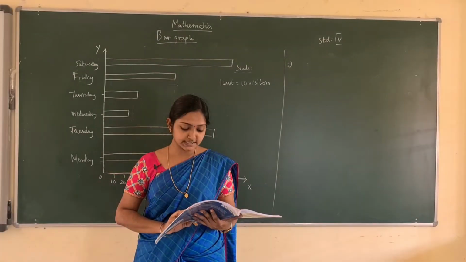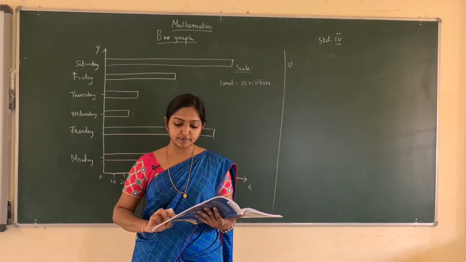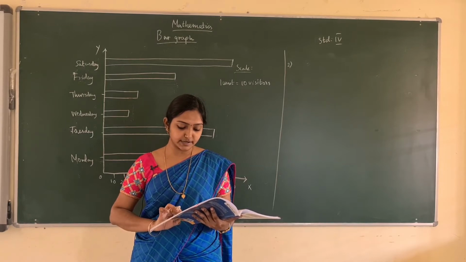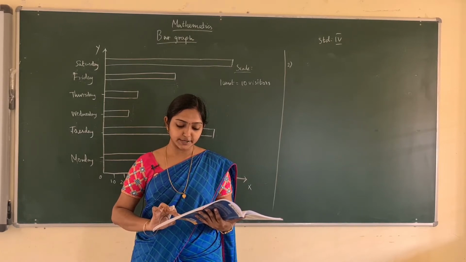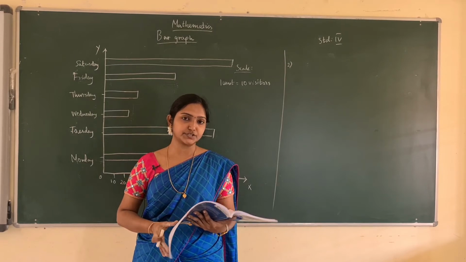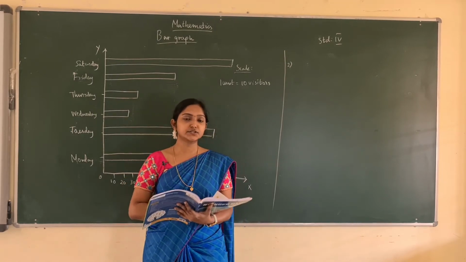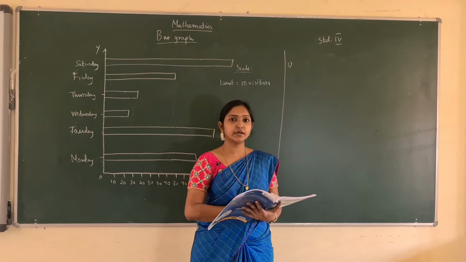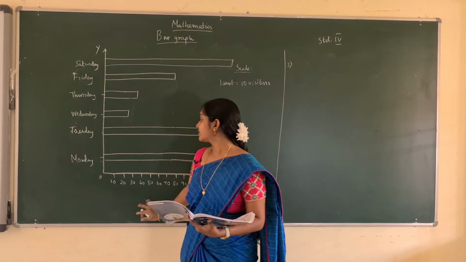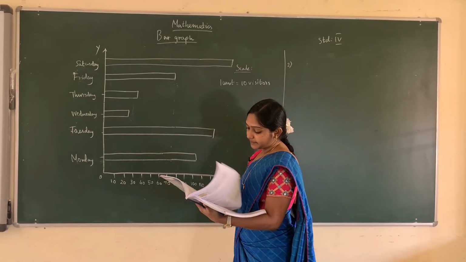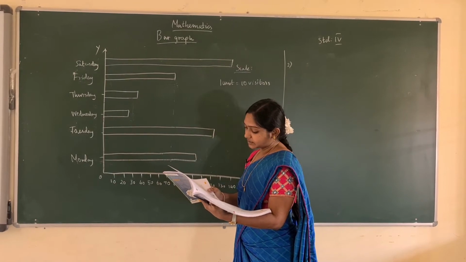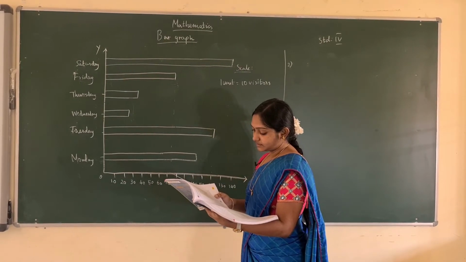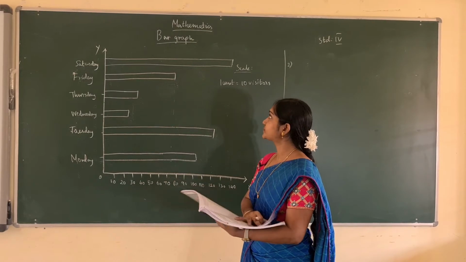The second question is, the bar graph shows the number of people who visited a museum on different days in the last week of July. Study the graph and answer the questions. The first question is, give a title to the bar graph. This bar graph is about people who visited the museum in the last week of July.